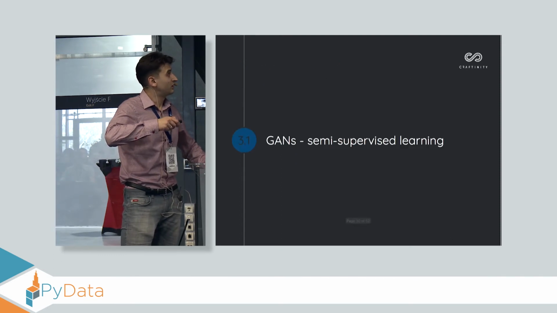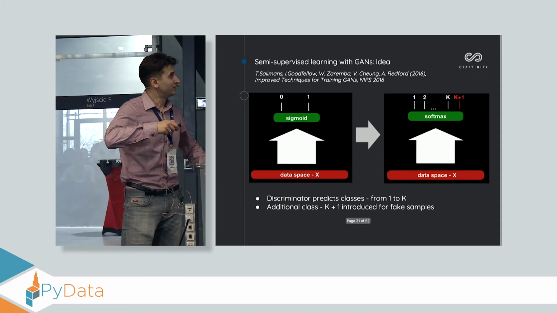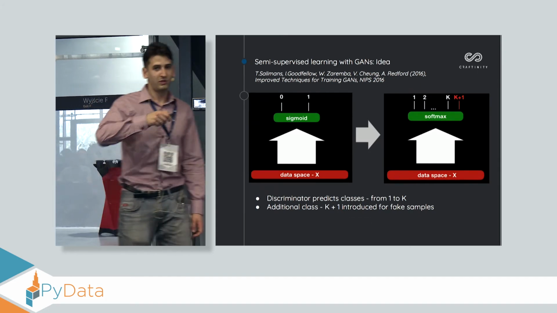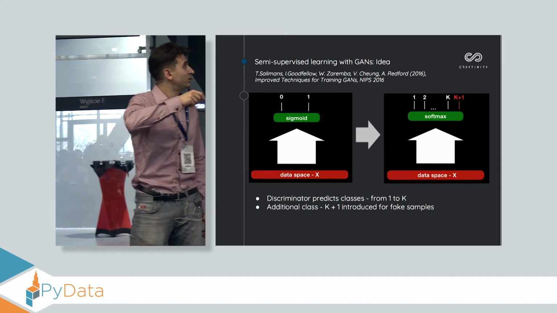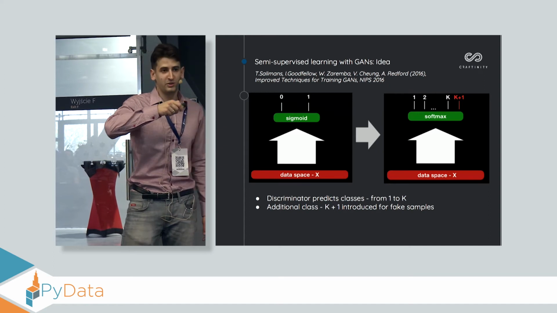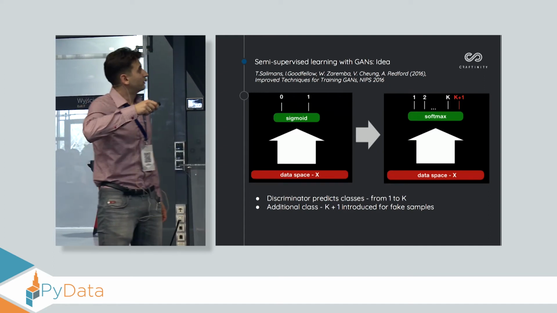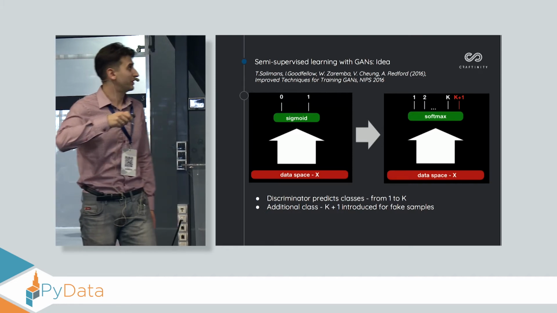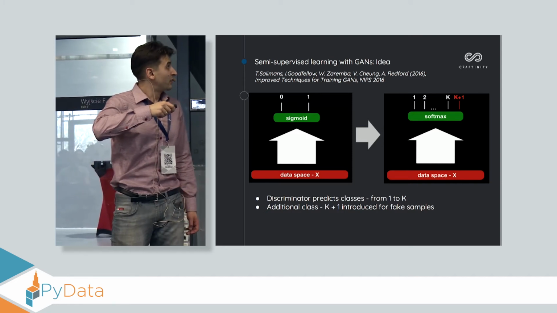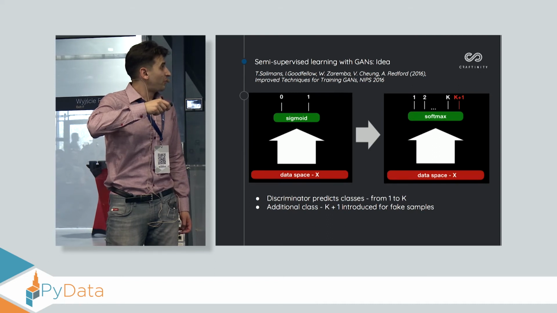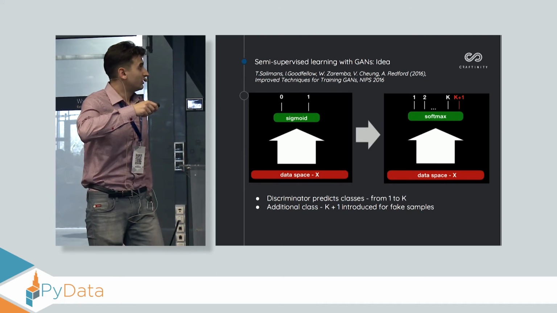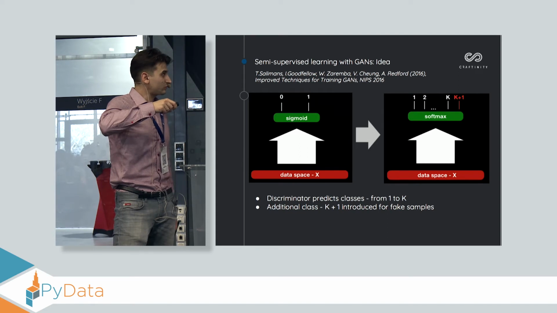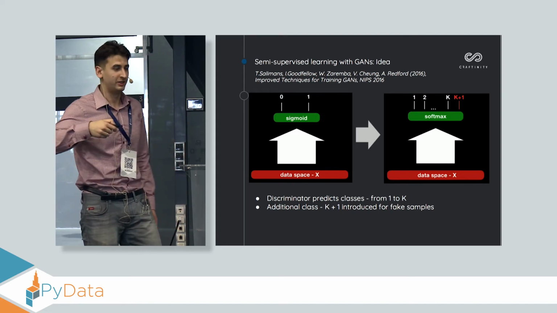Okay, so when it comes to semi-supervised learning with GANs, I'm going to describe the idea introduced in the Improved Techniques for Training GANs paper. Among the authors there is Ian Goodfellow, the author of the original paper on GANs. So now the discriminator is used as a classifier for the data.